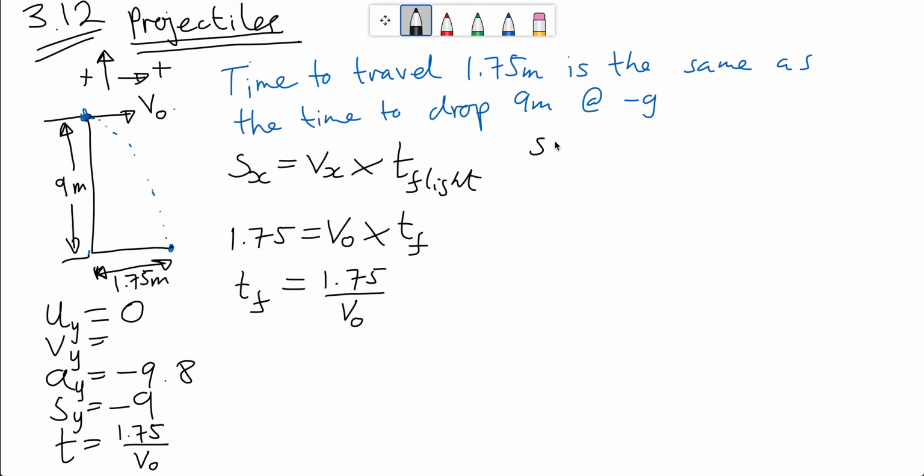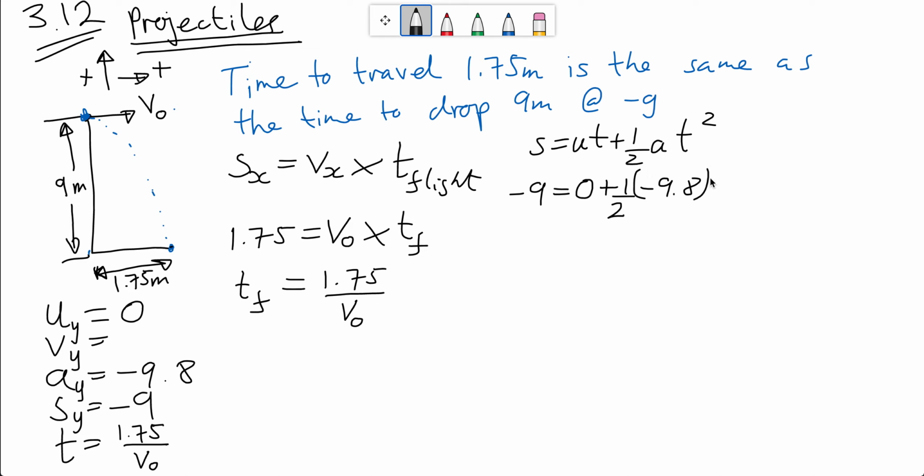Of course, it's going to be s equals ut plus a half at squared. Now that we've chosen the equation, we put those values in. The displacement is minus 9, and that's equal to 0, because u is 0 and u times t is just 0, plus a half of minus 9.8 times t squared.